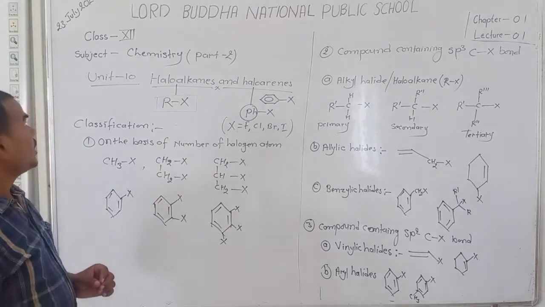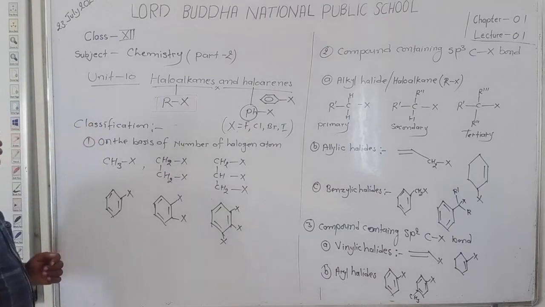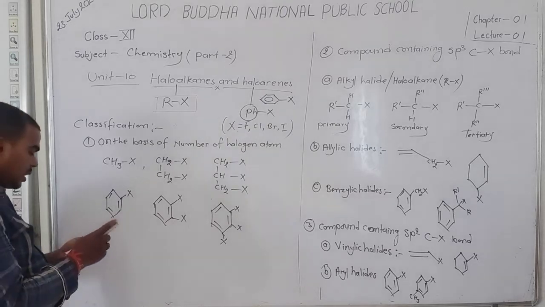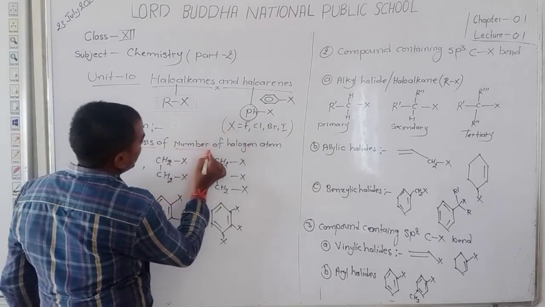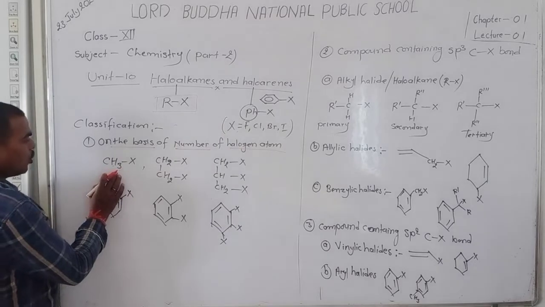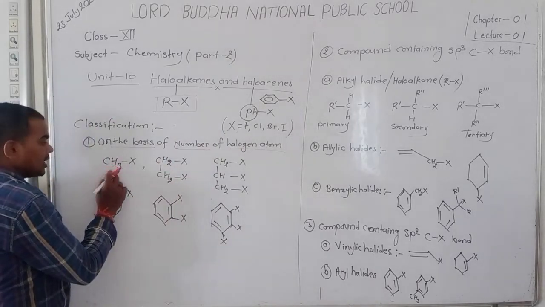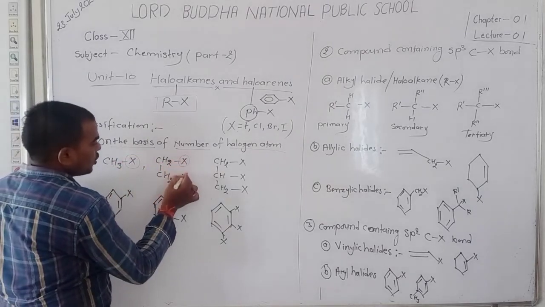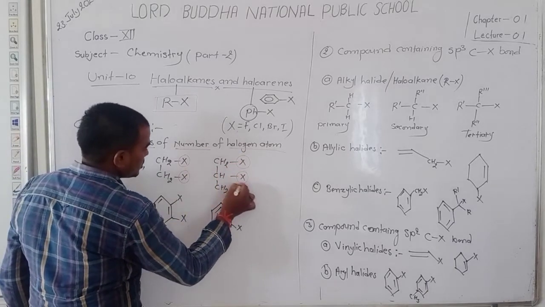Now we classify haloalkanes and haloarenes. Firstly, we classify on the basis of the number of halogen atoms. Here haloalkanes are given. In one, one halogen is attached, in another two halogens are attached, whereas in this compound three halogens are attached.